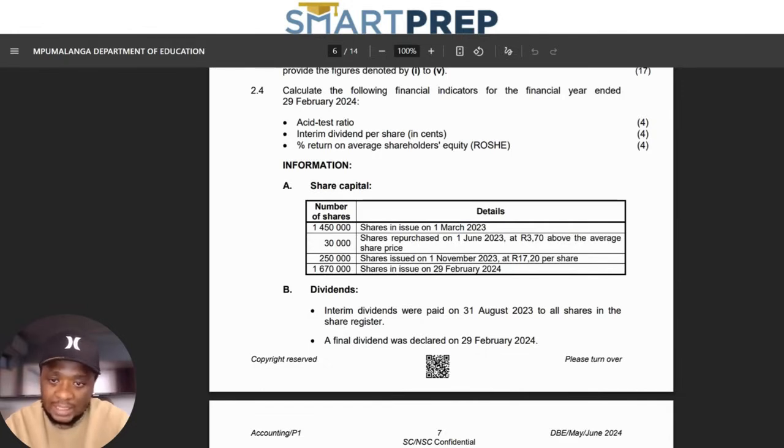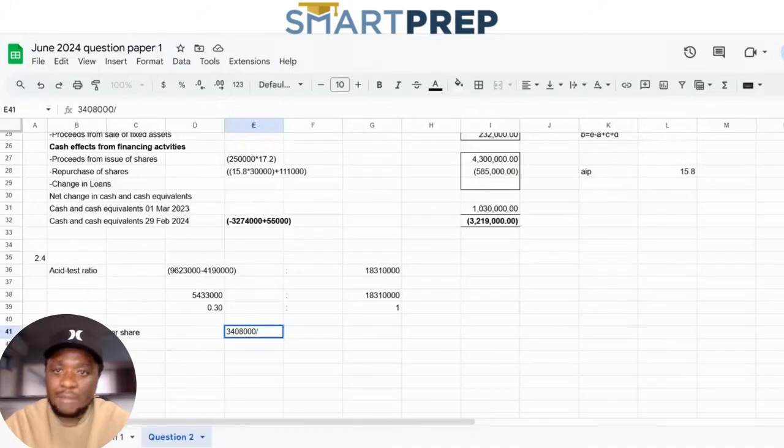So then that would mean that the number of shares that were issued on that date that the interim dividend was paid would be 1,450,000 minus 30,000, which would be 1,420,000.